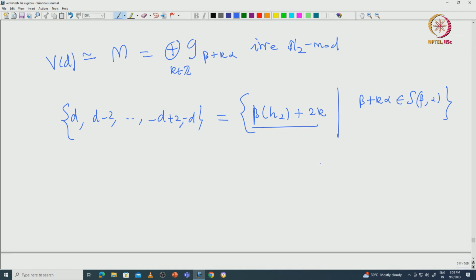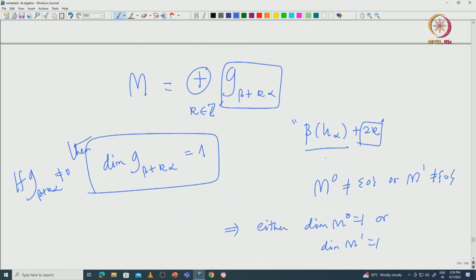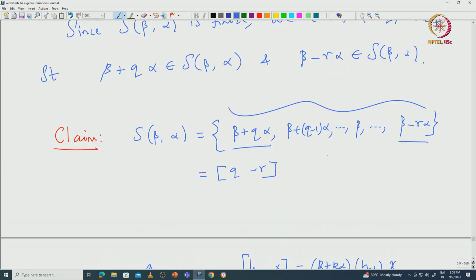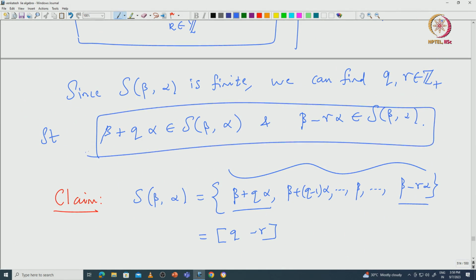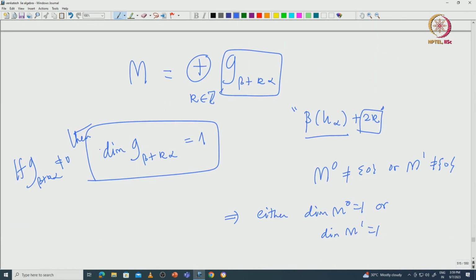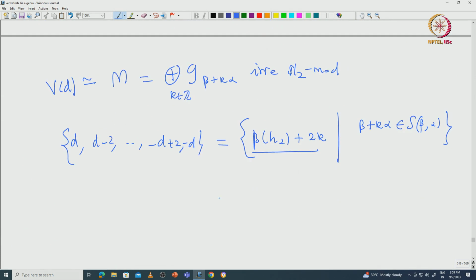If we take this q and r as above, whatever we have fixed, then if it is starting with that q, we will get beta of H alpha plus 2q. Then you just subtract by 2, because every time you are subtracting by 2.